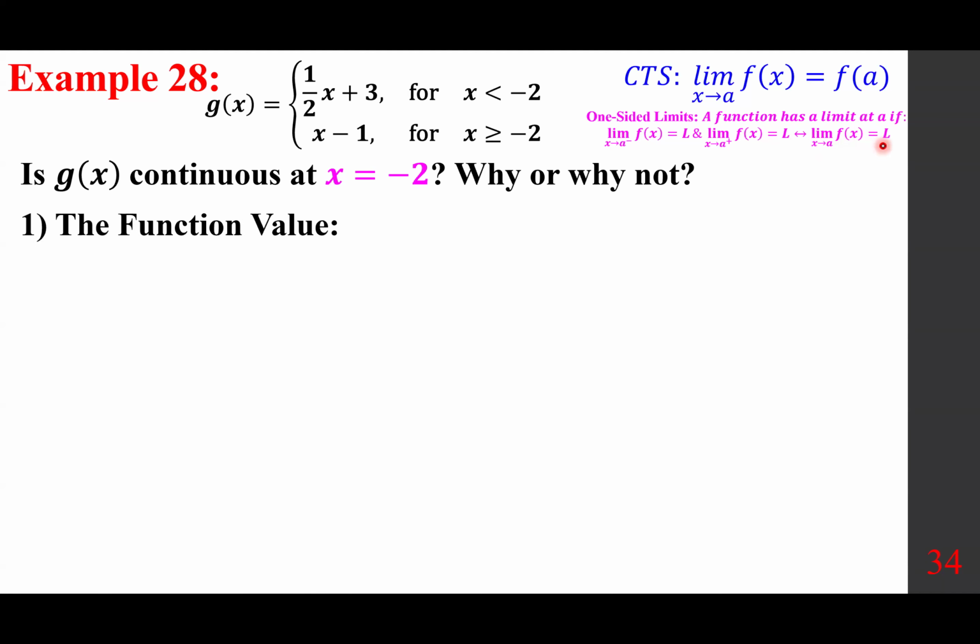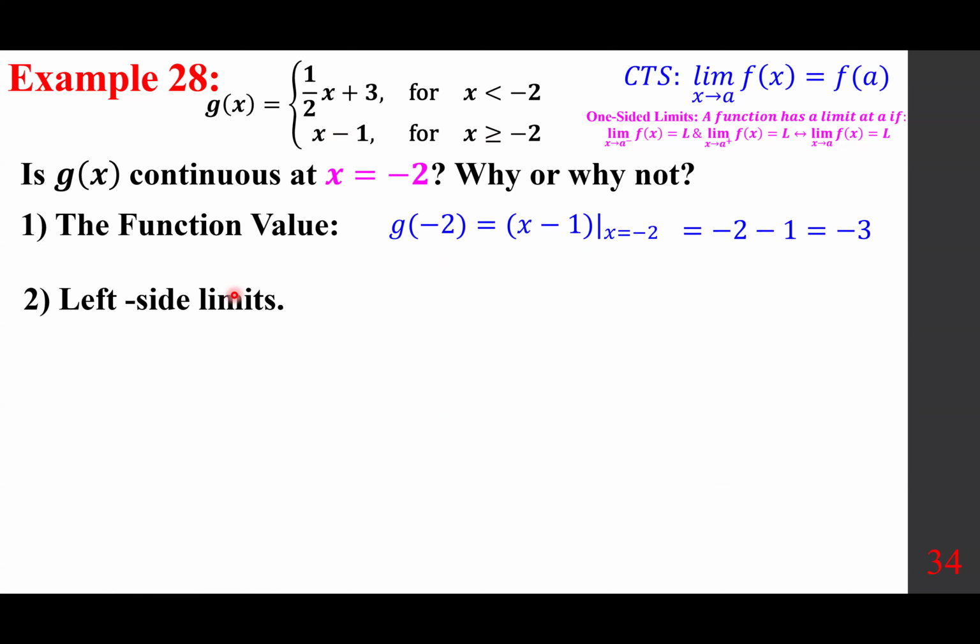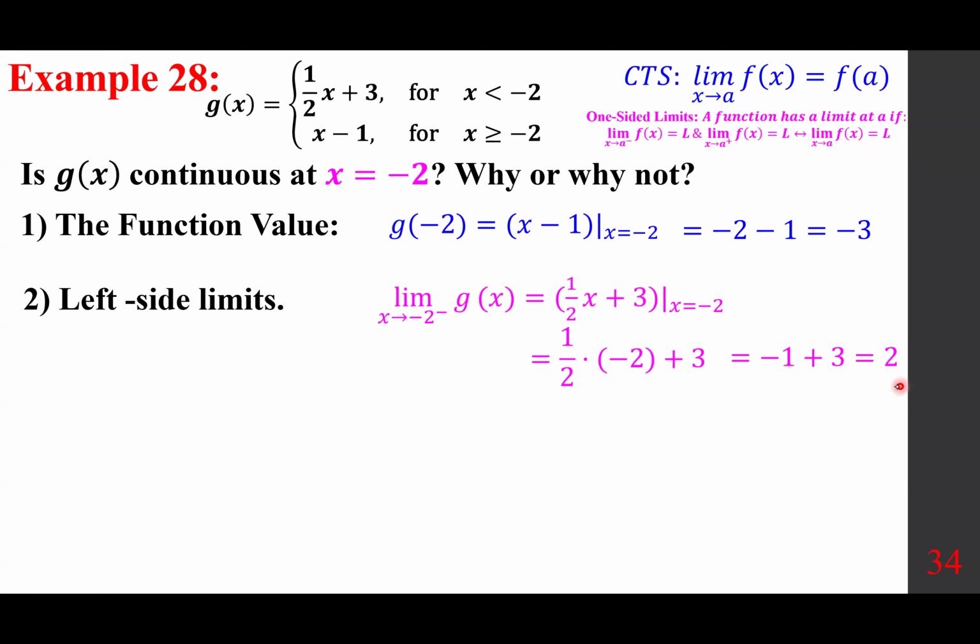So we start with the functional value, which means we're going to go with the equality. Use this function and plug in. We get -3. Left side, less than, we're going to work with this one, and we plug in, and we get 2.